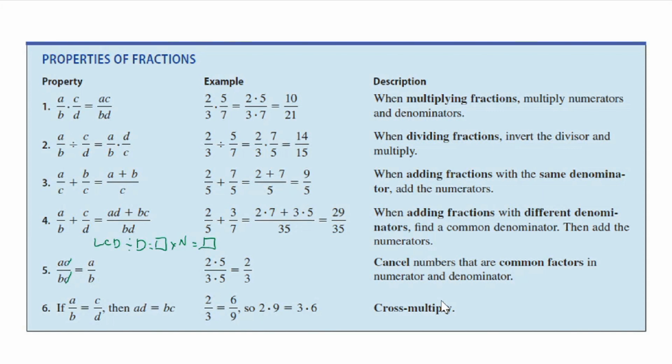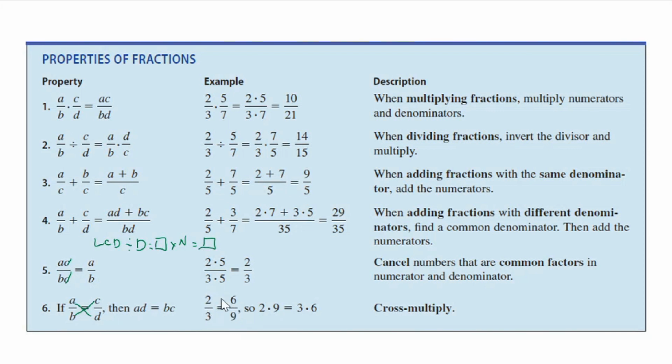For number 6, if A over B equals C over D, then AD is equal to BC. So what happened here is that AD is actually from this to this. We multiply using cross multiplication. We multiply A times D, and we also multiply here B times C. So we have 2/3 is equal to 6 over 9.